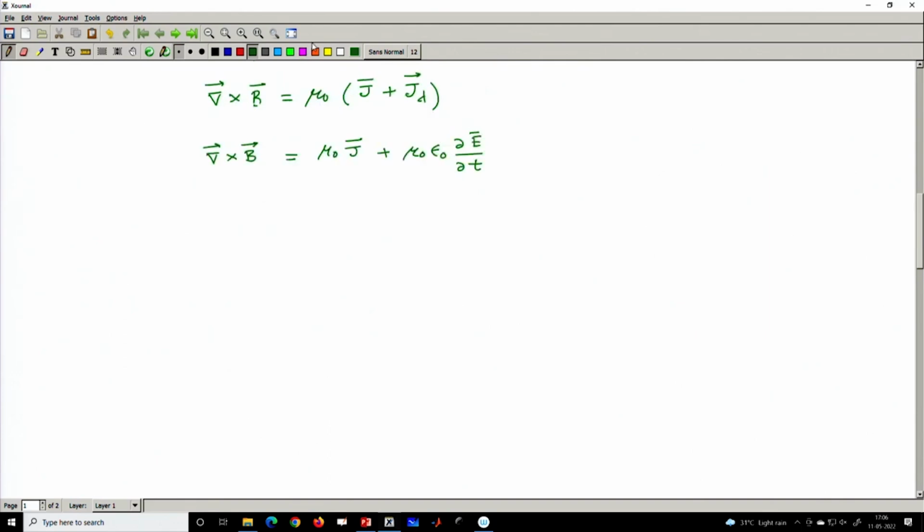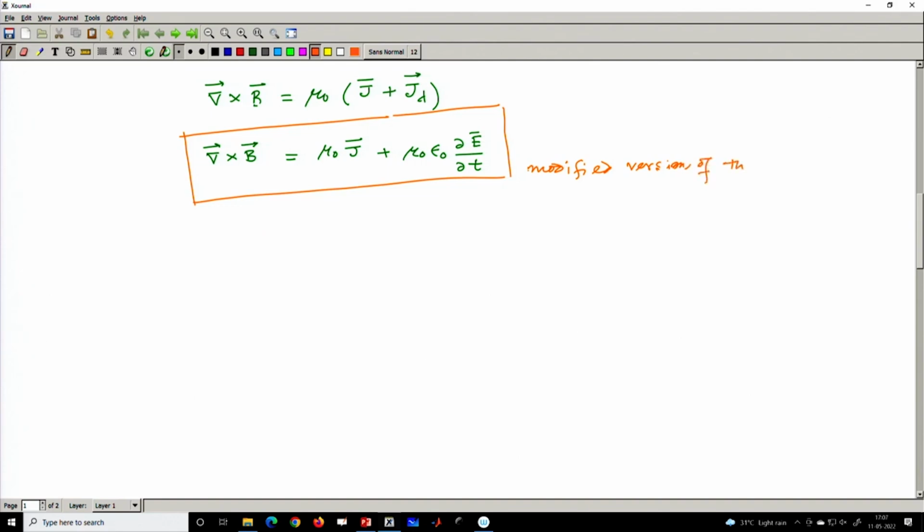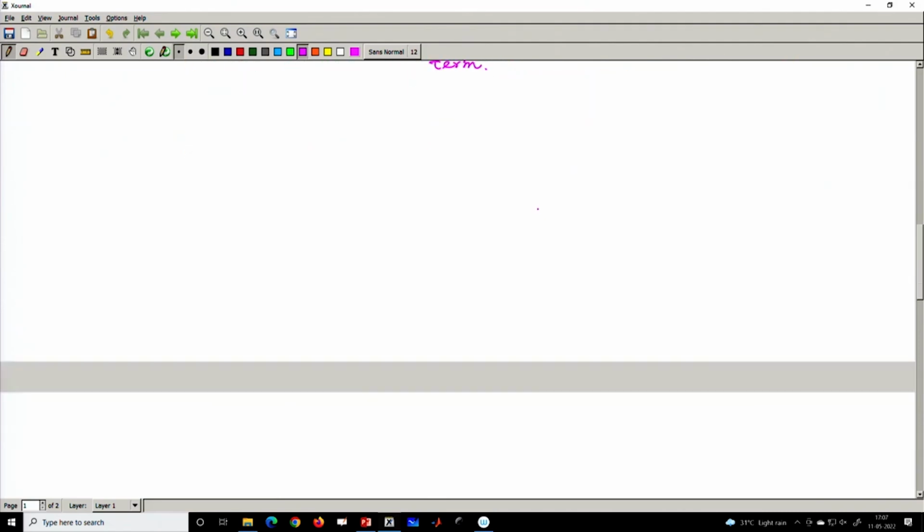This is the modified fourth equation, the modified version of the fourth equation with Maxwell's correction term, and the Maxwell's correction term is this.